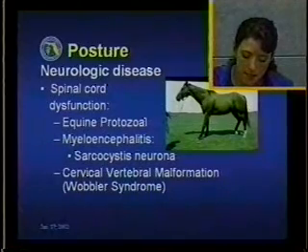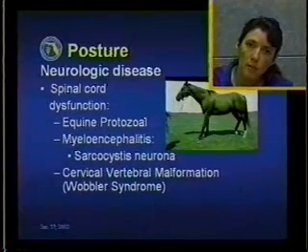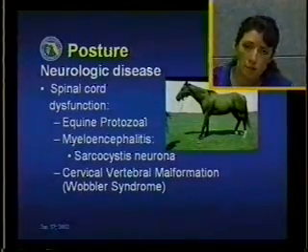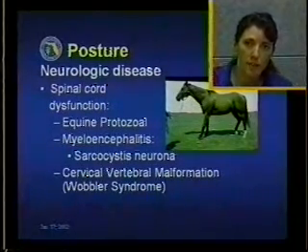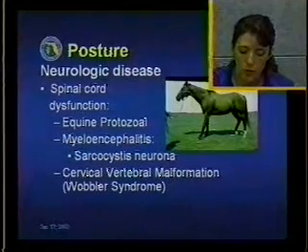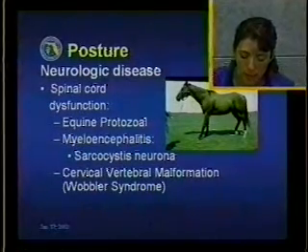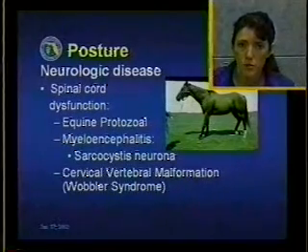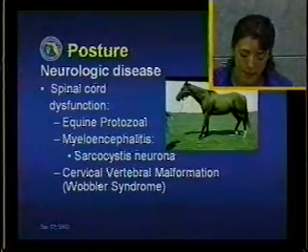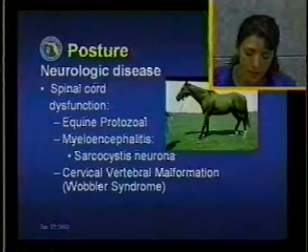So this disease is most likely congenital, but we see the clinical signs when horses generally reach a year and a half of age and start working, and most of the time the clinical signs become obvious when horses are used for their normal athletic purpose.